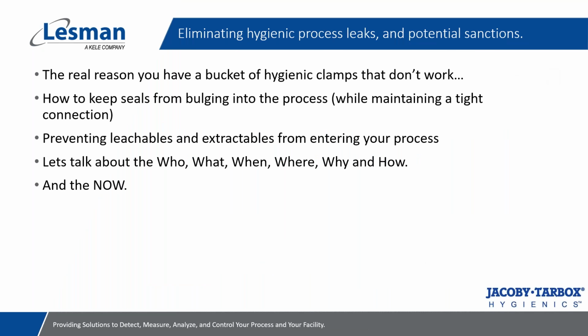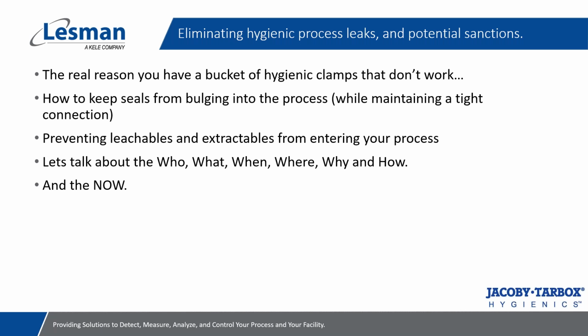As John outlined, for the first portion of today, we'll be talking about eliminating leaks in processing environments in the hygienic markets, as well as eliminating some of those potential contaminations. The common question on topics like this is, why do I have a bucket of hygienic clamps, a recycling bin, if you will, of clamps that I discard because they're not working effectively?